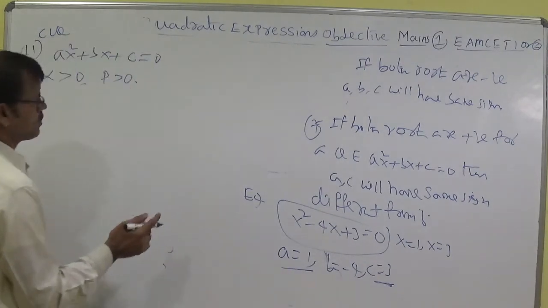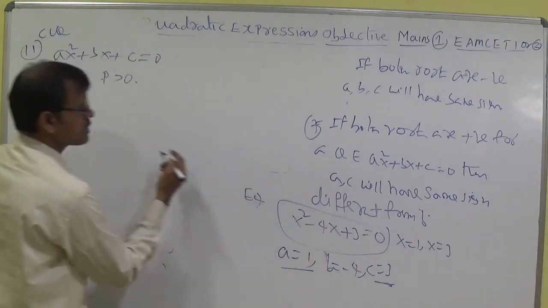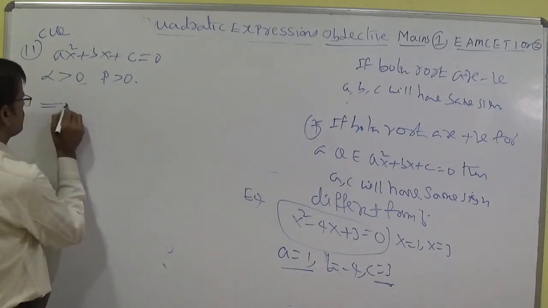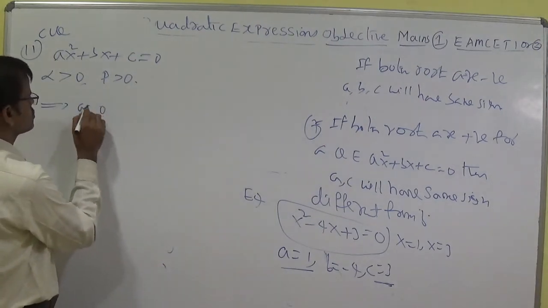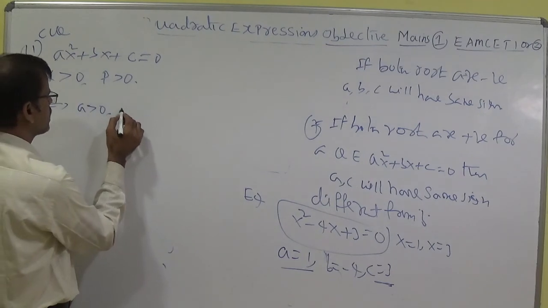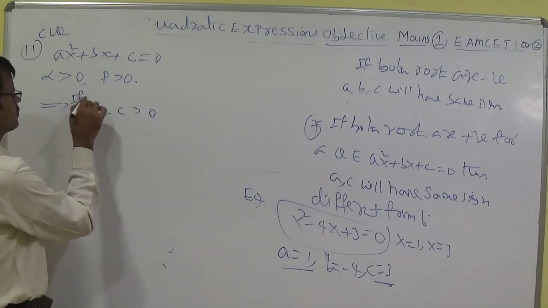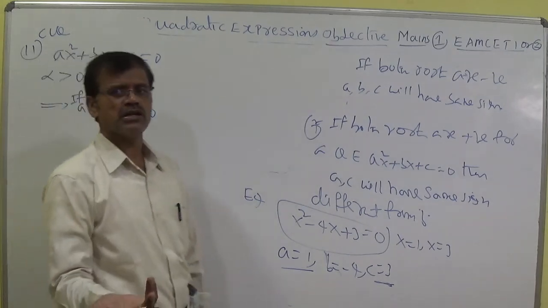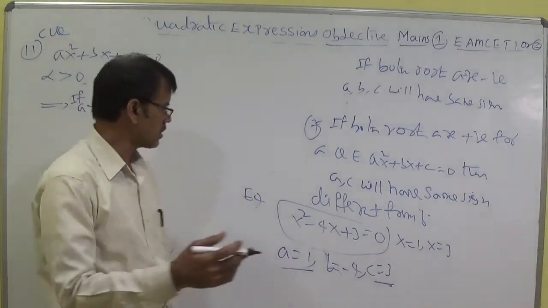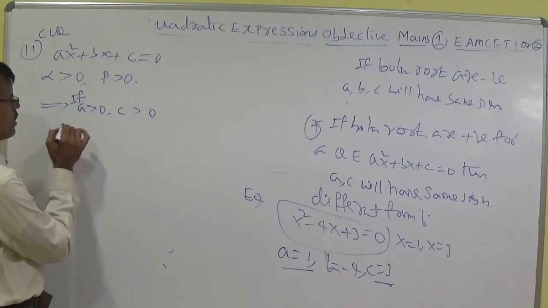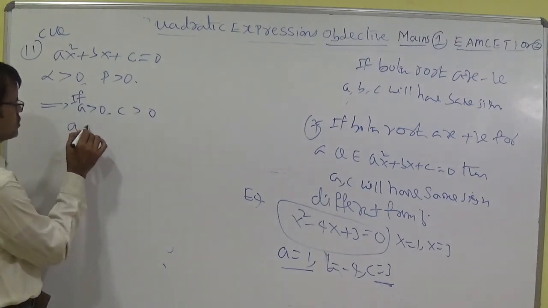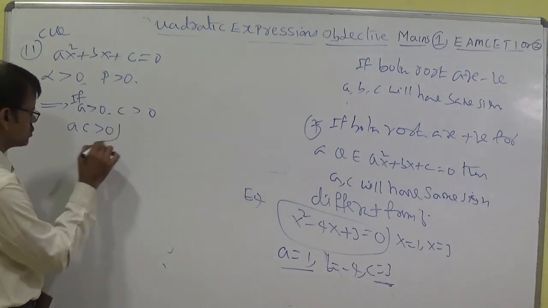Whenever both roots are positive, here we are discussing that a, c will have the same sign. So if you take a greater than 0 and c greater than 0, if I am writing this, we should not confirm, maybe a less than 0 or c less than 0 also you can write. If a greater than 0, c greater than 0, then ac greater than 0.